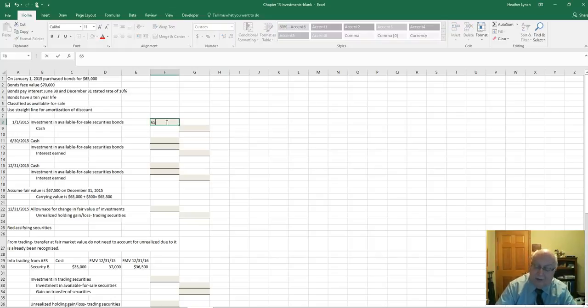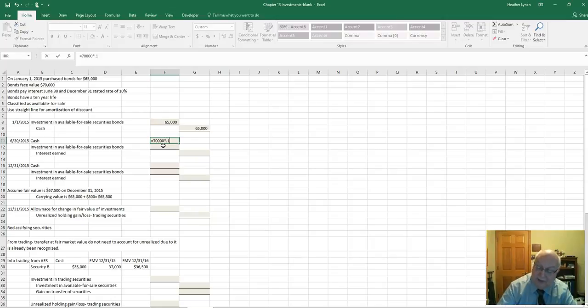Okay, so we paid $65,000. So that's what would go in there. The cash that we received, well, if you want to do a calculation for it, is we purchased face value $70,000.